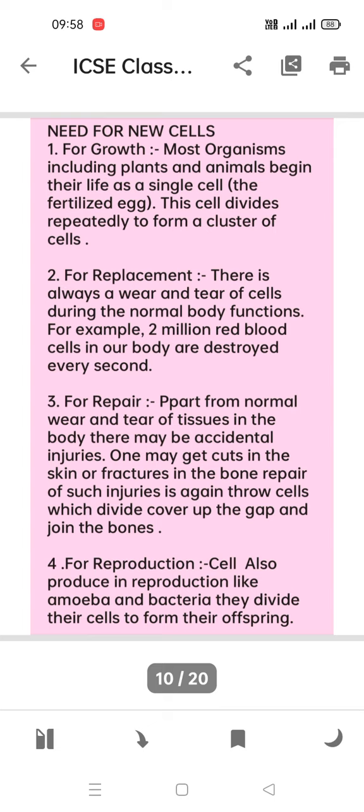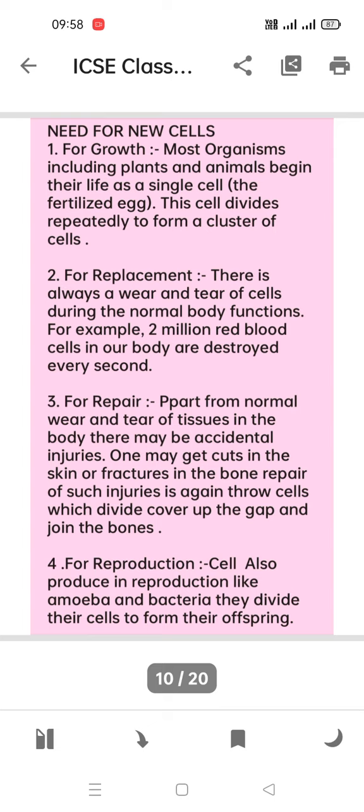At that particular place, the cells occupy the vacant place where you got the injury, and that's why you will be okay. So why do you apply the tubes and all these things? It just kills the bacteria, nothing else, and it stimulates the power of cell division. So for repair also, and for reproduction, it is also necessary.